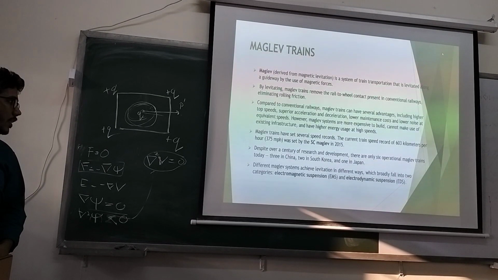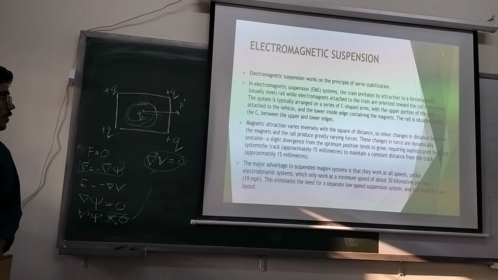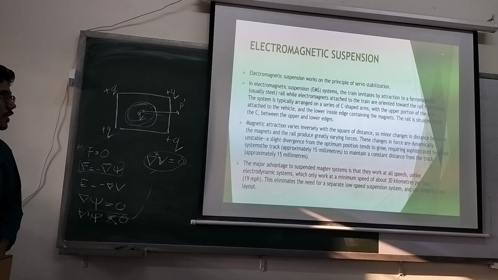Different maglev systems achieve levitation in different ways, which broadly fall into two categories: electromagnetic suspension and electrodynamic suspension. As we mentioned earlier, electromagnetic suspension is based on servo stabilization, right? In an electromagnetic suspension system, the train levitates by attraction to a ferromagnetic, usually steel, rail, while the electromagnets attached to the train are oriented towards the rail from below.